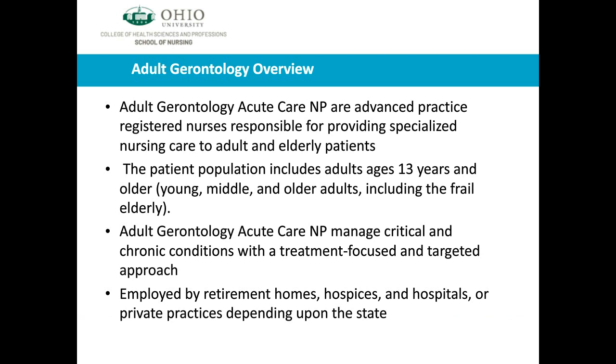Hello, this is Dr. Char, and I'm going to talk just a few minutes about an overview of the Adult Gerontology Acute Care NP and what that person in that role might be doing. AGA-CNPs are advanced practice nurses that provide specialized nursing care to adults and older adults. The patient population that they can care for includes adults, that includes those age 13 and up.